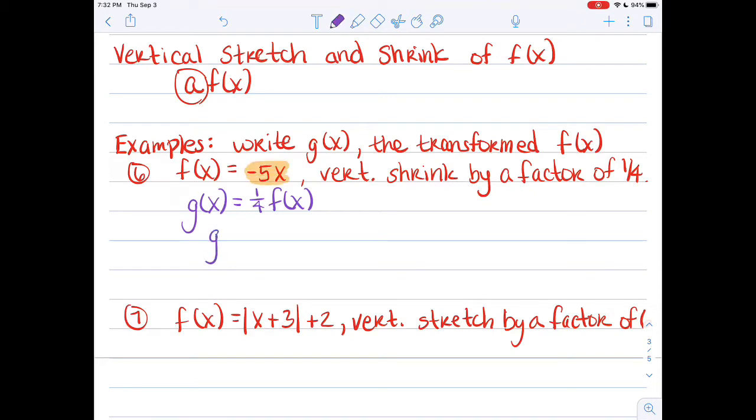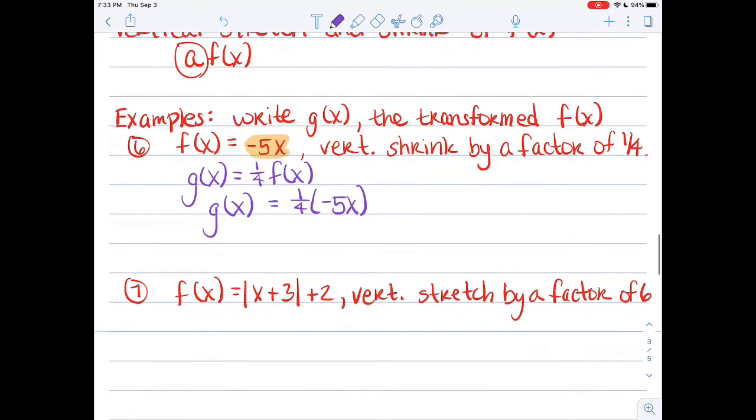So writing that for our actual function, we get g of x is equal to 1/4 of negative 5x. And we'll put that in some parentheses to indicate that multiplication. Finally, g of x, if we multiply 1/4 times negative 5, we get negative 5/4x.